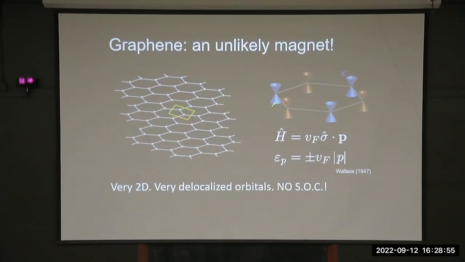Just to remind those of you who are not working in condensed matter: almost everybody who takes a condensed matter class probably solves the non-interacting band structure of graphene. The low energy effective theory that describes the electrons hopping on this bipartite honeycomb lattice is that of Dirac electrons.